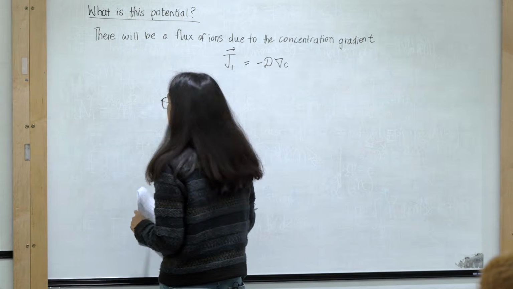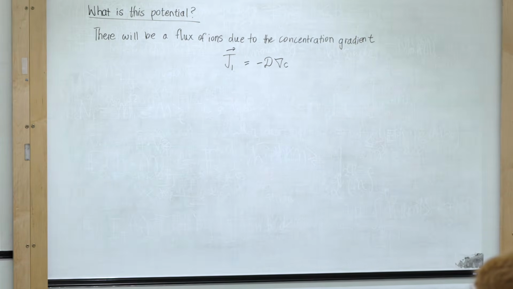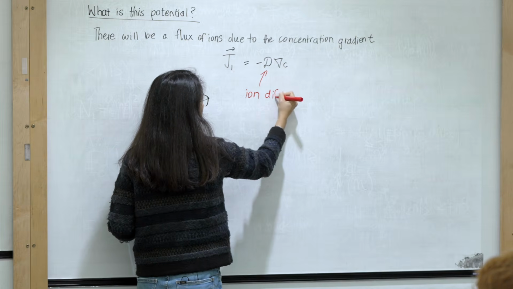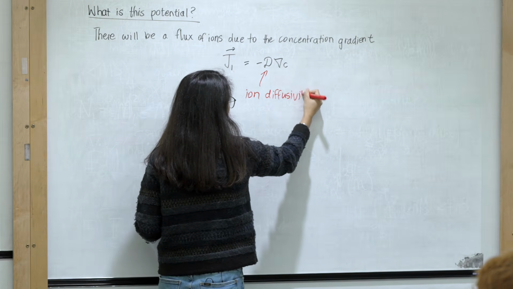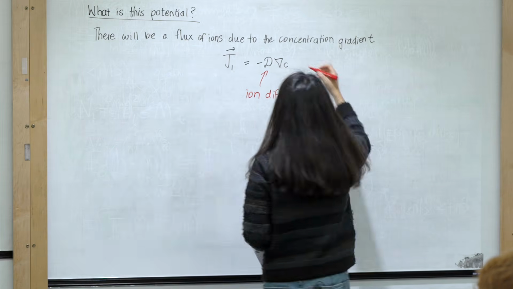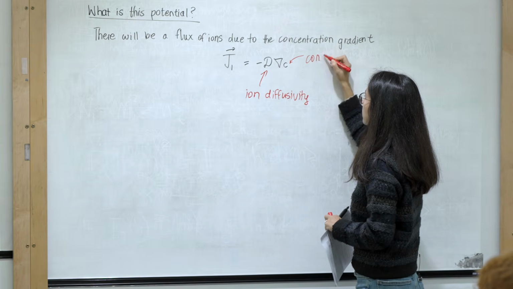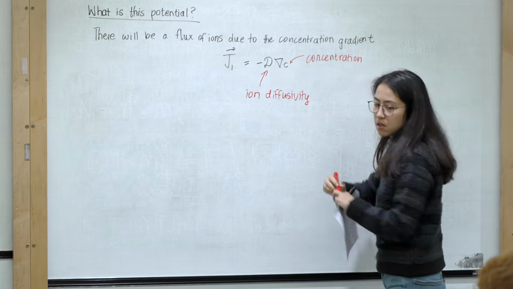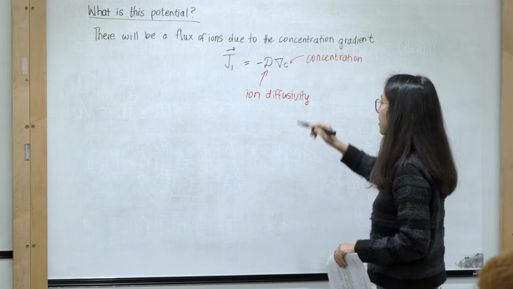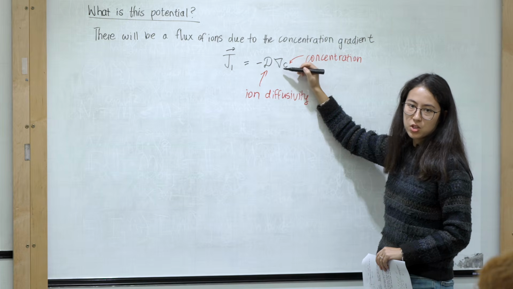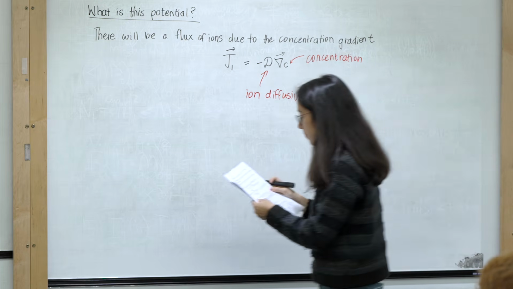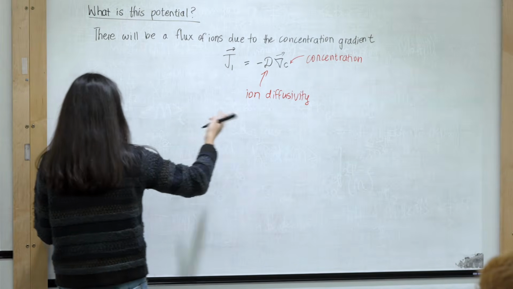So maybe I will write these things down. This is going to be the ion diffusivity, and this is the concentration. I will later simplify this to a one-dimensional thing so that we can work with it more easily. But for now, it's a vector. Okay, so this is the regular diffusive flux you have.